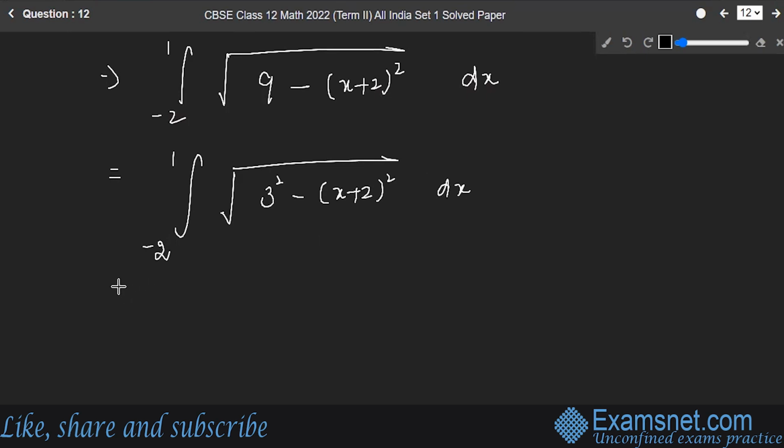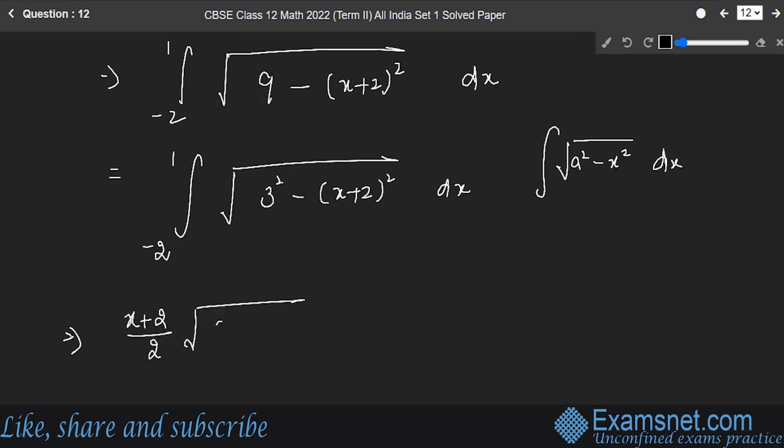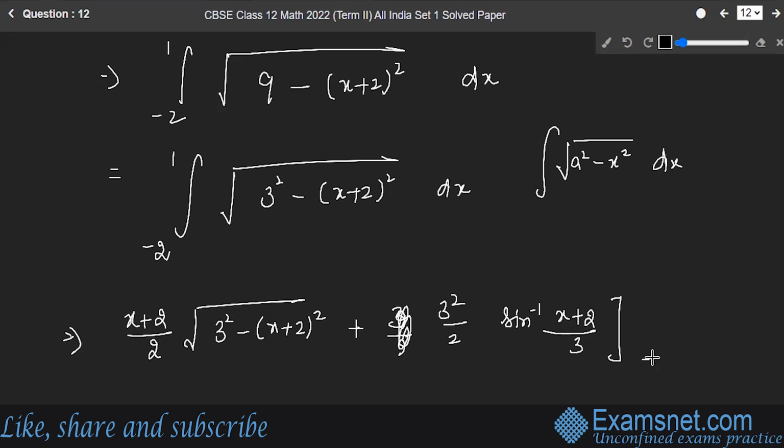Now, this is of the form root of a square minus x square. You have to find the integral. So you know what the integral is. This is given by x plus 2 upon 2 root of 3 square minus x plus 2 square plus 3 square by 2 sine inverse of x plus 2 upon 3, limits -2 to 1.